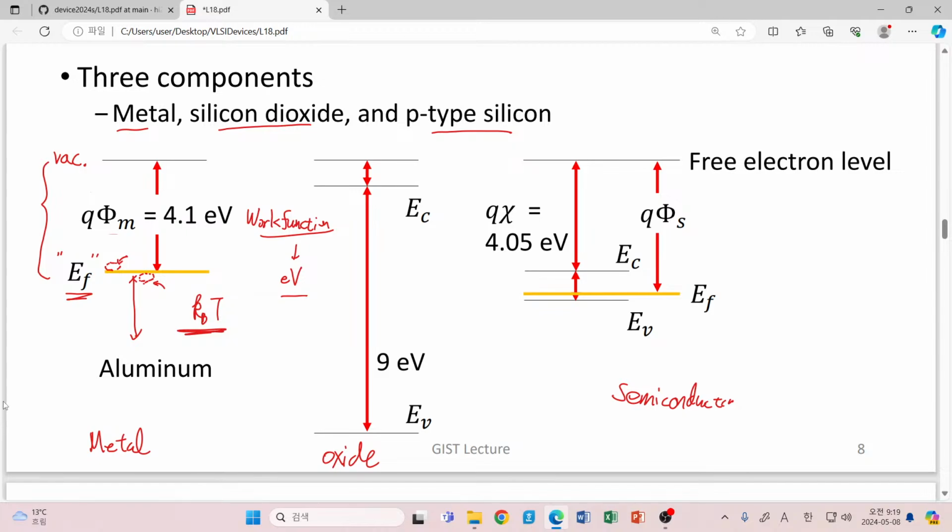And please note the scale shown here, this distance corresponds to 4.1 electron volt. So it means that our thermal energy is just approximately 100th of this length scale, 4 electron volt. So this is really marginal. We cannot distinguish this difference.